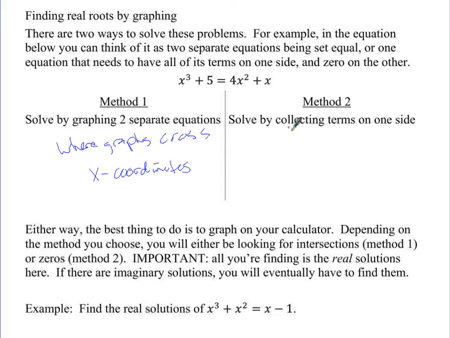The other method that we have is solve by collecting terms on one side, and that's what we've been doing. We would move these guys over here and graph all of that as one polynomial. If you do it this way, you're finding where the graph, because now it's only one graph, crosses the x-axis.